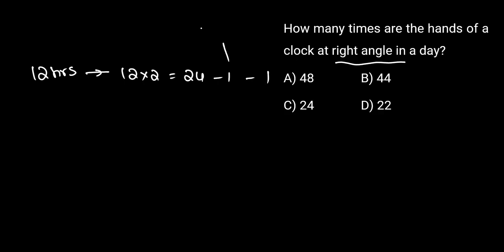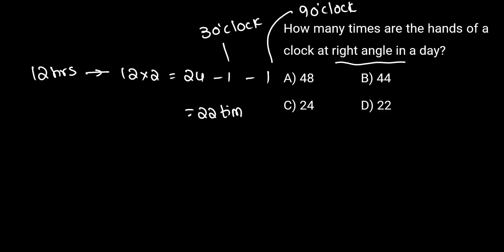Why this minus 1? In 12 hours, 3 o'clock will come one time, 9 o'clock will come one time, in every 12 hours, definitely. So we'll get only 22 times in 12 hours, but in a day, 24 hours, 44. Your answer should be 22 or 44 if the question is a day.